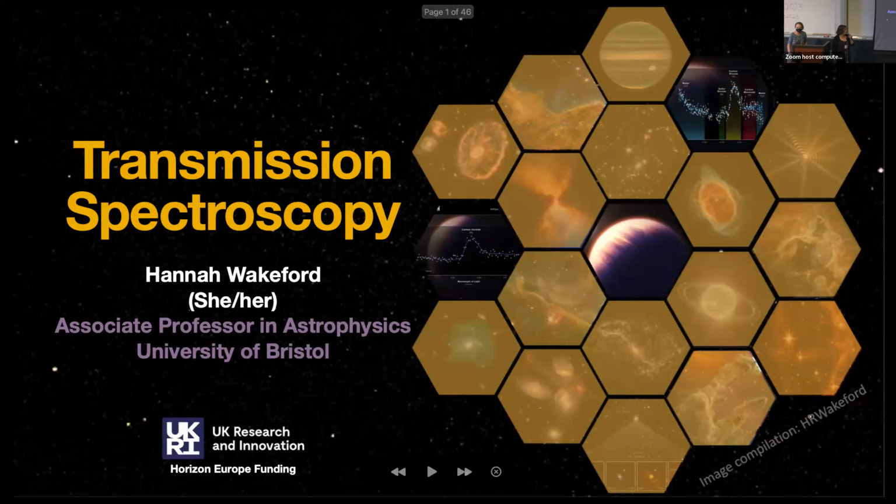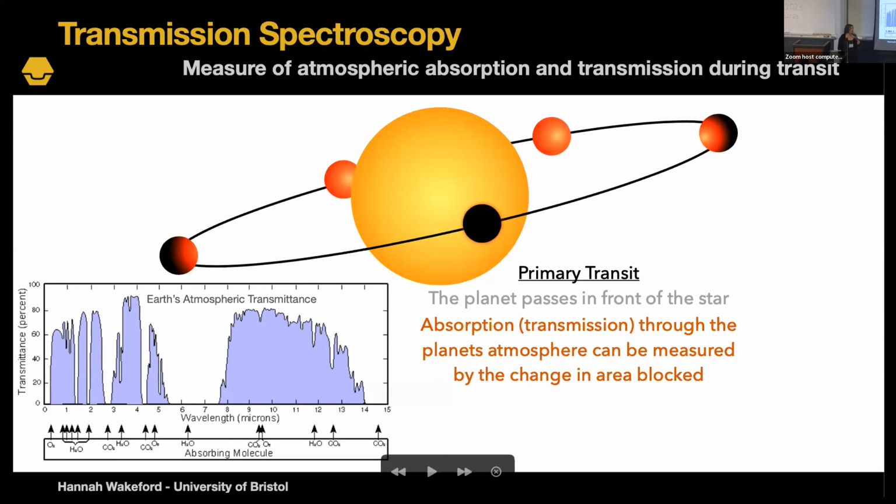Okay, so I have been given the task to talk to you about how we do transmission spectroscopy, or how we look at the observations of that. To start with, when we're looking at the transits, we're looking at the absorption of the atmosphere and therefore the transmitted light that we're seeing.